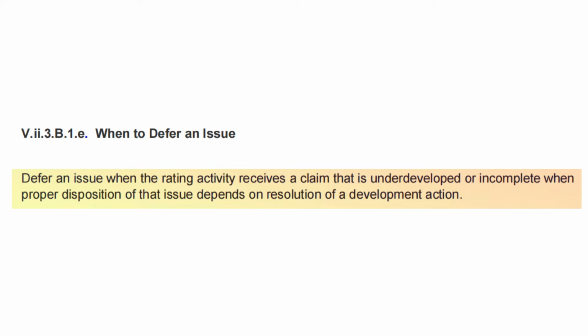Well, then the adjudicator could go ahead, grant service connection for those other conditions, but the one that has the negative opinion, they have to defer that issue because it's under development because they didn't go out, you put down that doctor's information, and that VSR did not go out and complete that development to get the medical release form from you and send it to the doctor. So they cannot adjudicate that claim until those actions are complete, okay? So that's just a quick example of under development or incomplete, all right?